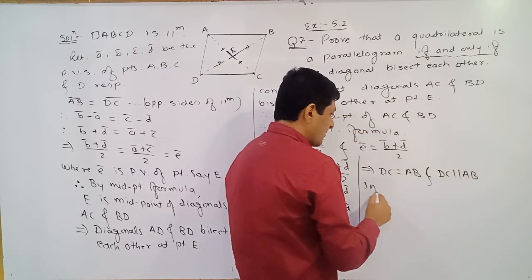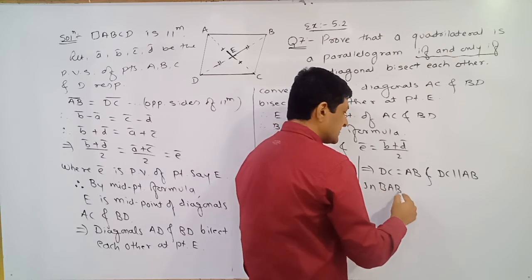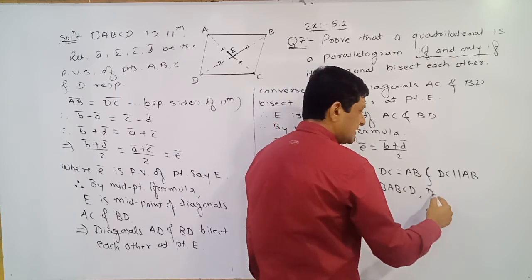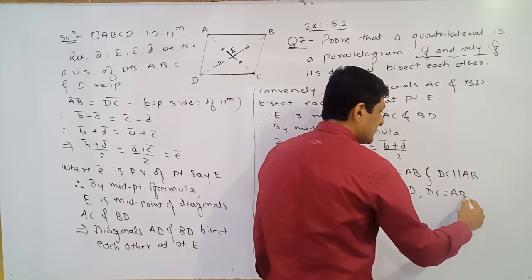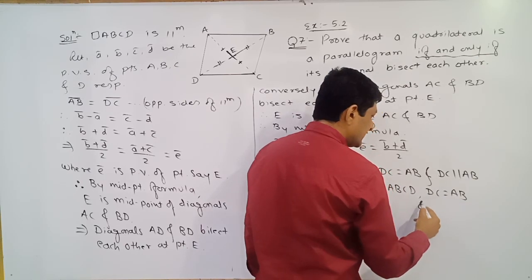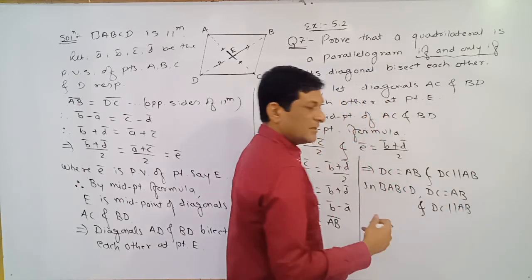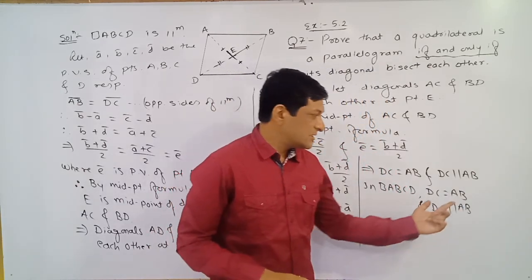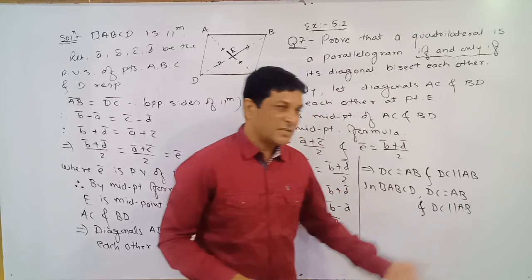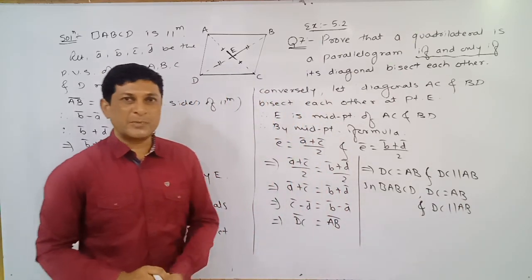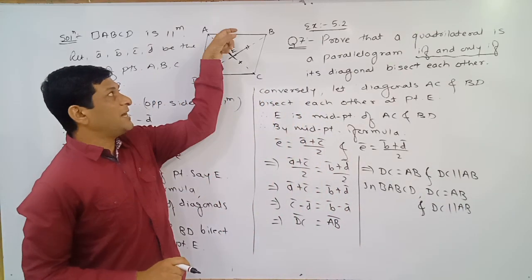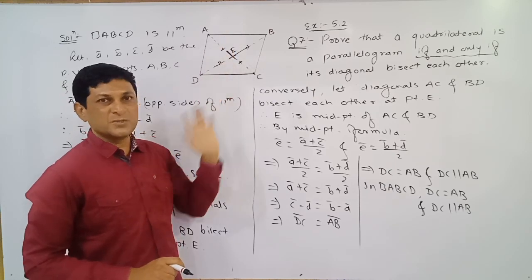So in quadrilateral ABCD, what result have we got? DC is equal to AB and DC is parallel to AB. And we know that in a quadrilateral, if one pair of opposite sides is equal and parallel, then AB and DC are a pair of opposite sides.